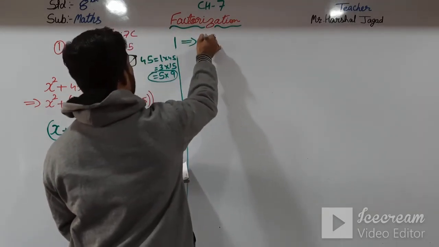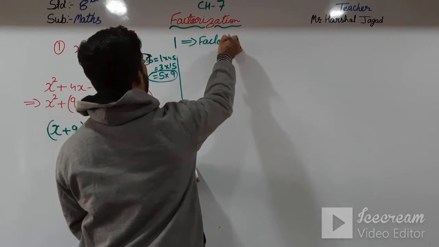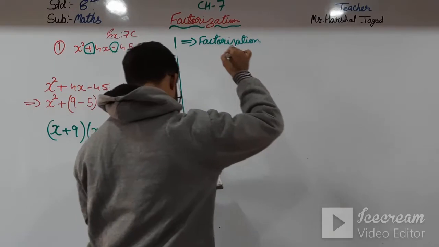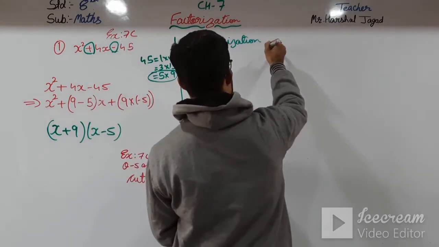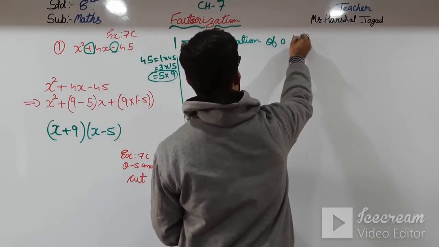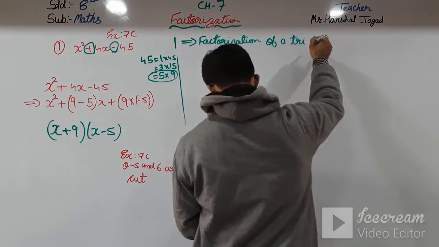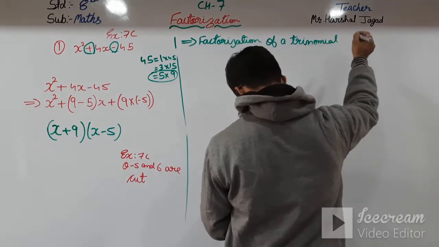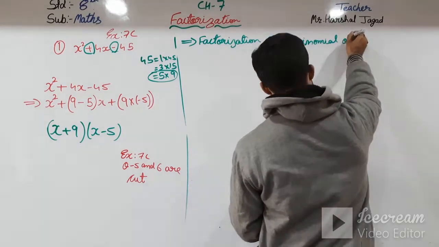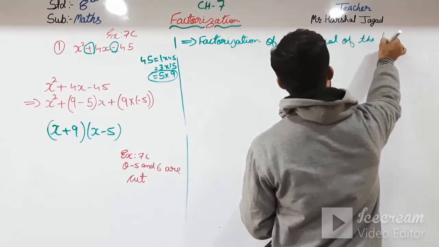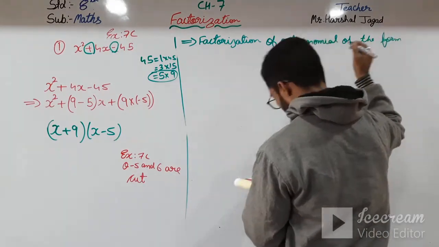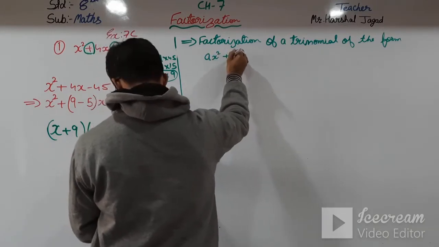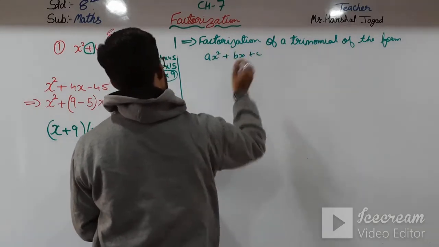Factorization of a trinomial of the form ax square plus bx plus c.